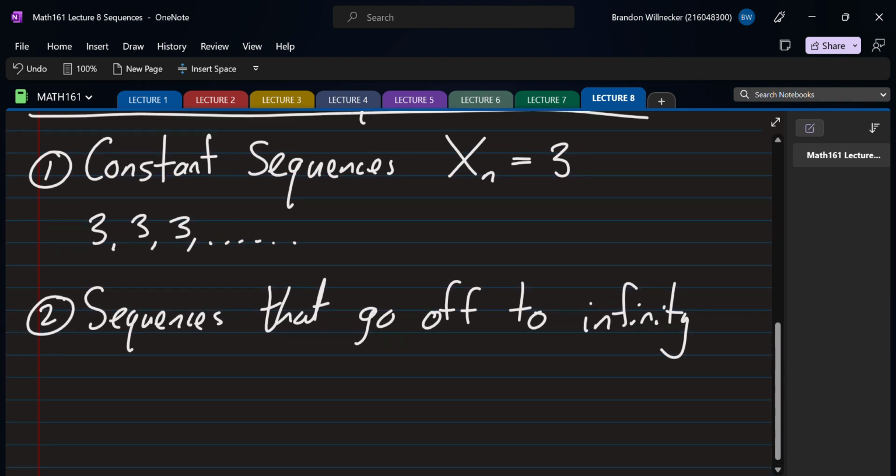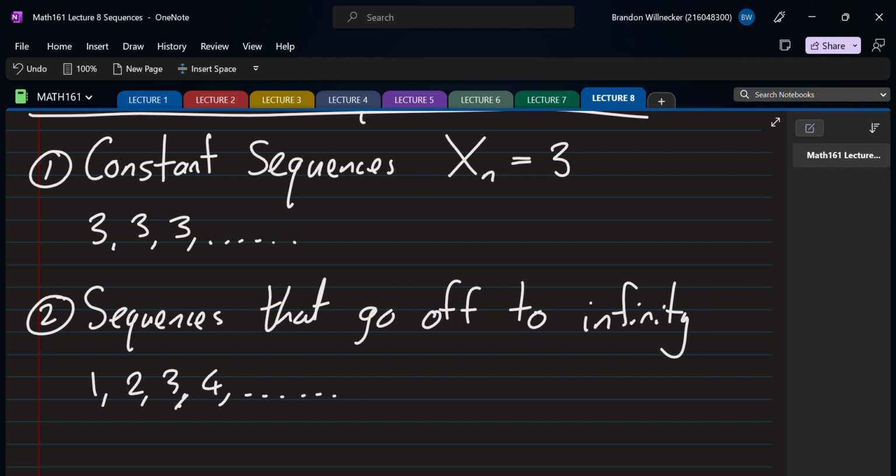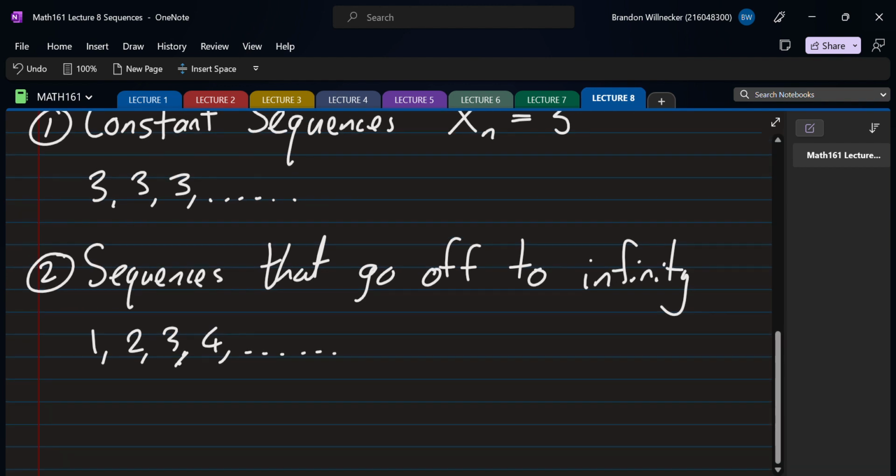As an example, we could have the sequence 1, 2, 3, 4, dot, dot, dot. This sequence is going to get bigger and bigger, and it's going to go off to infinity. Of course, we could have something like -1, -2, -3, -4, dot, dot, dot, and that would go down to minus infinity.